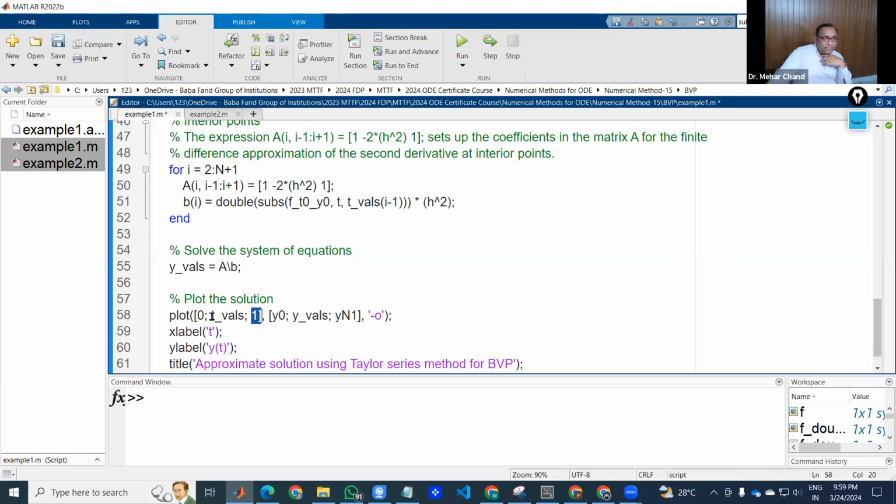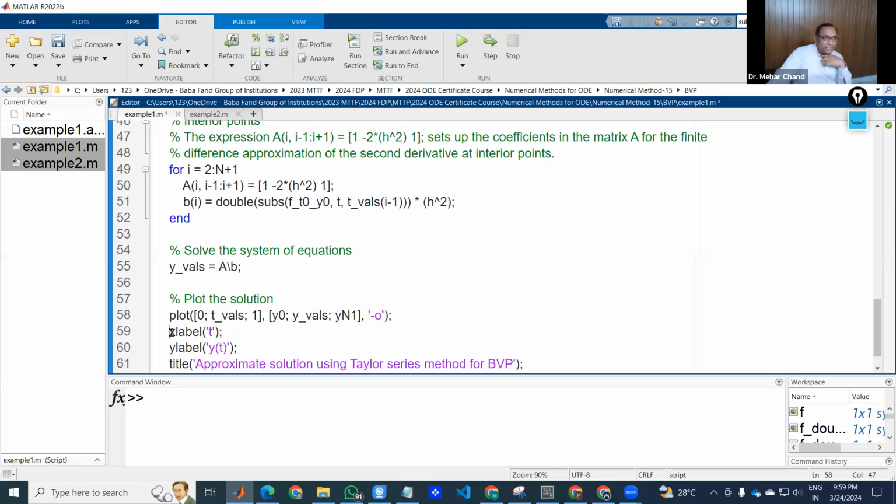Okay, and these are the t values, and corresponding to this interval, y0 corresponds to t equal to 0, and the y values which we compute here correspond to the t values, and yn1 corresponds to t equal to 1, and this is the marker.